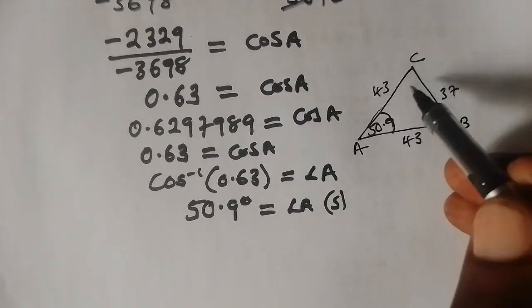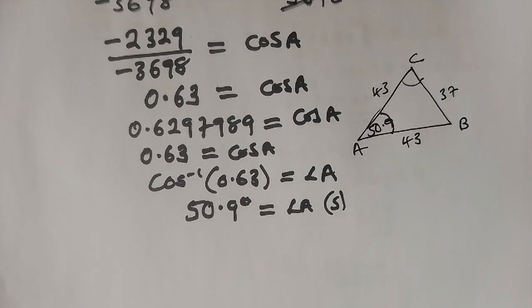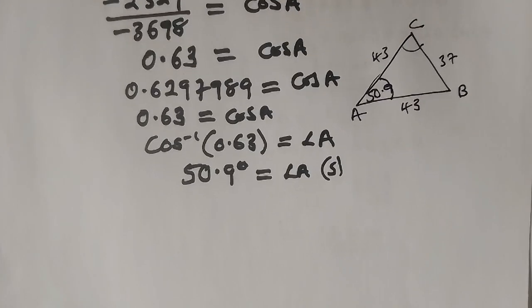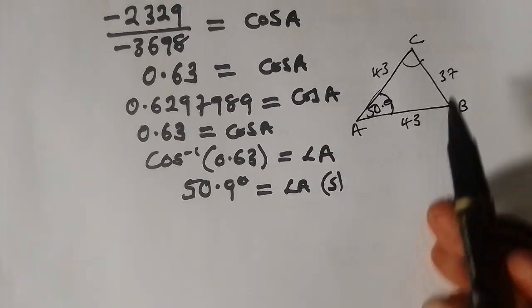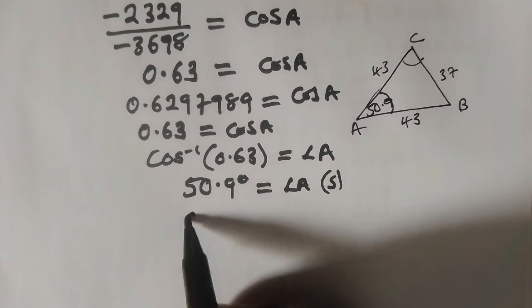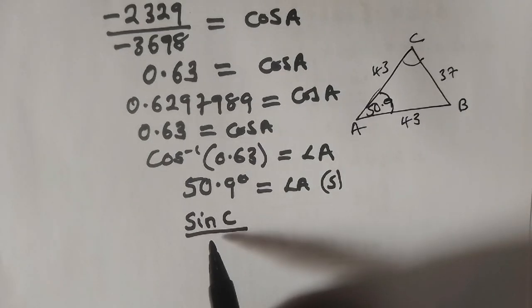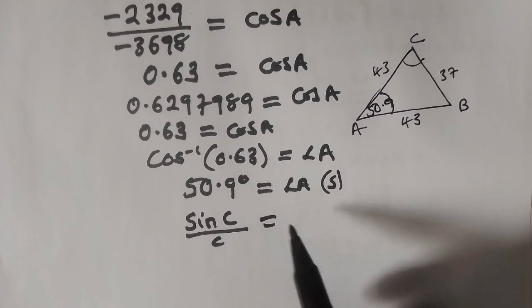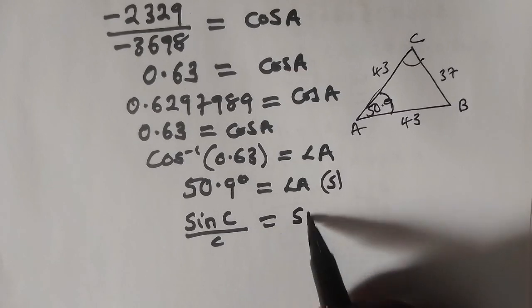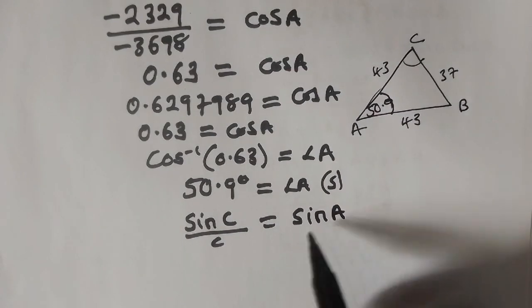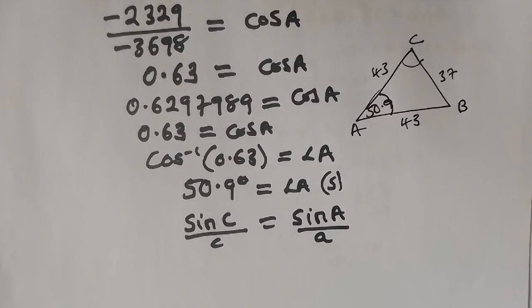Now we are looking for this angle, and for us to find it, all you have to do is simply use the sine rule. Looking for this part, you say sine C over the small c, meaning the opposite of that, equals the other complete side, sine A divided by small a.